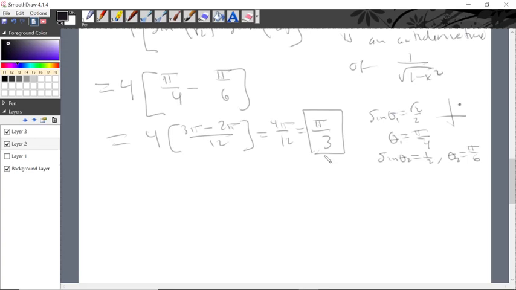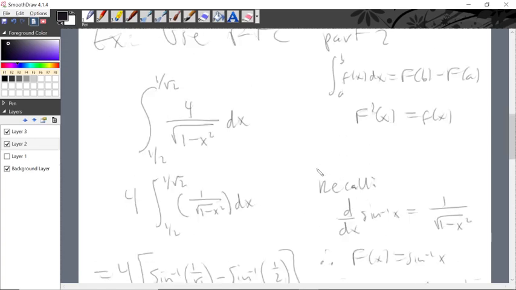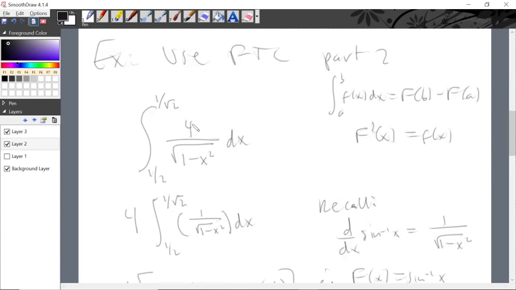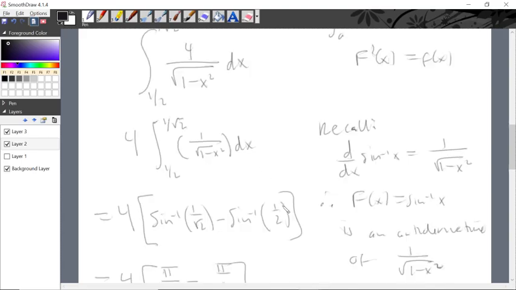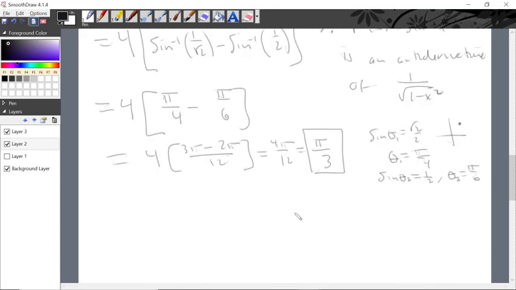That gave us a result of pi over 3, which geometrically means that if we were to graph the function y equals 4 over root 1 minus x squared, and bound it between 1/2 and 1 over root 2 on the left and the right, and below by the x-axis, the area of that region would be exactly pi over 3.